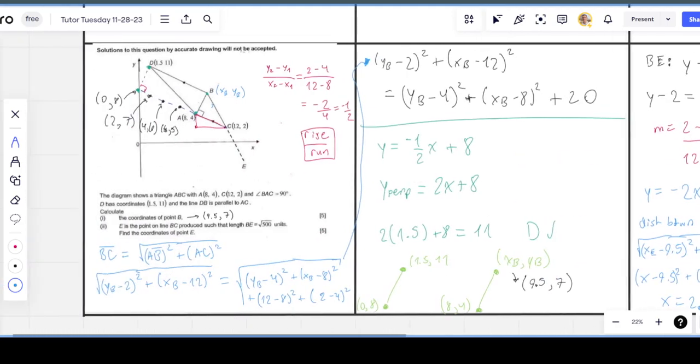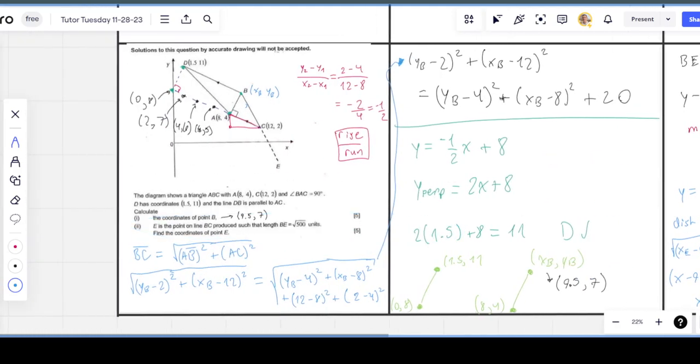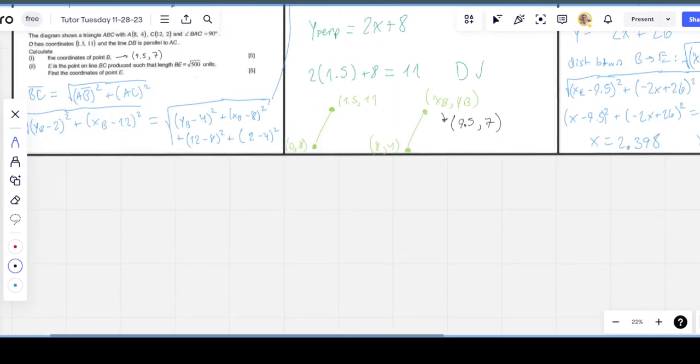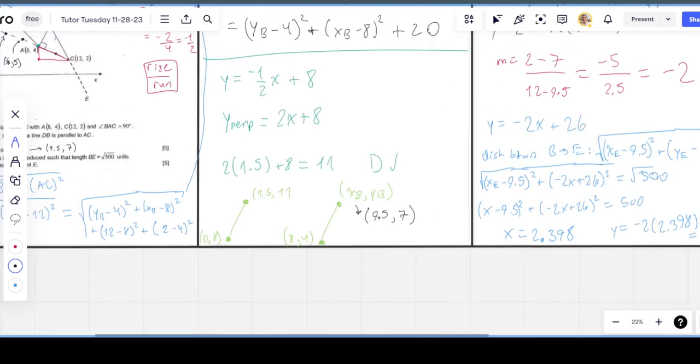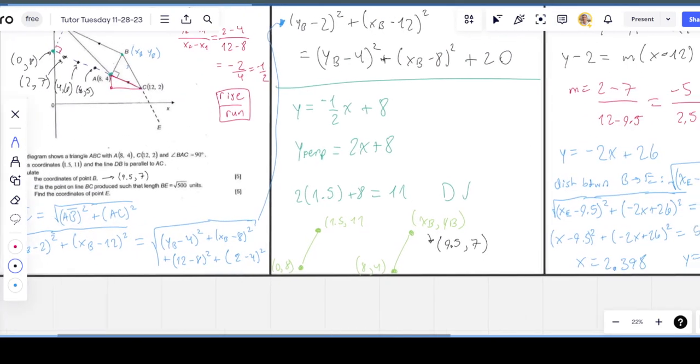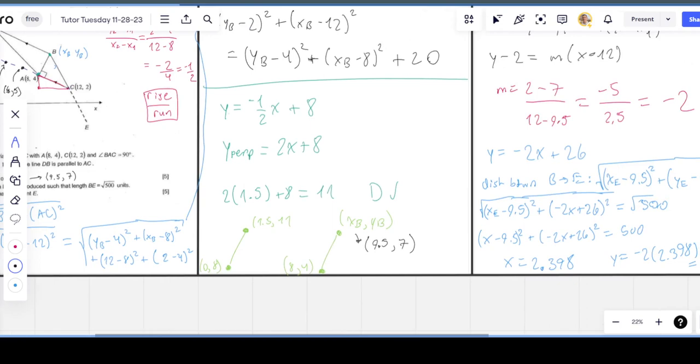Let's just make sure that that's correct. Like if we took the distance, I'll just check down here. Distance is going to be, or let me check in my Desmos actually. We'd plug in something like 2.398 minus the x. Oh, that doesn't make sense.